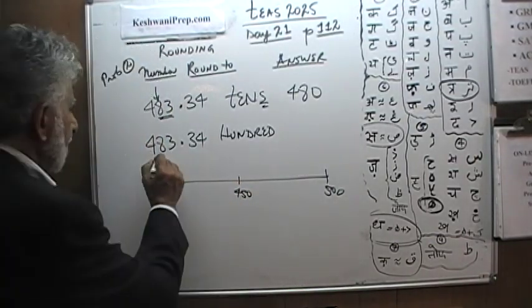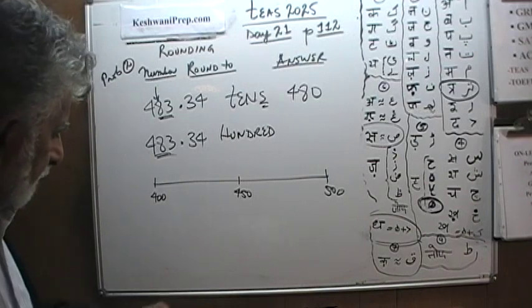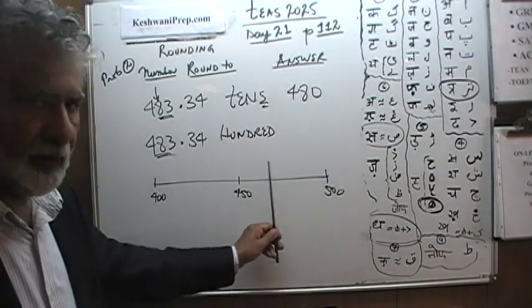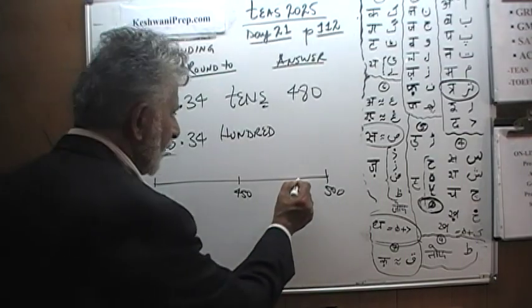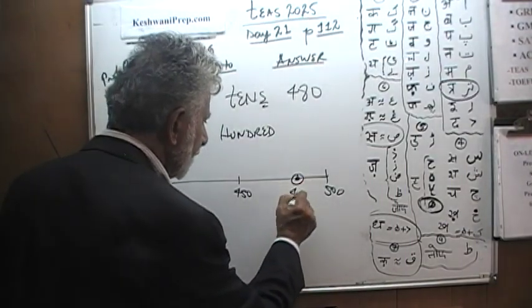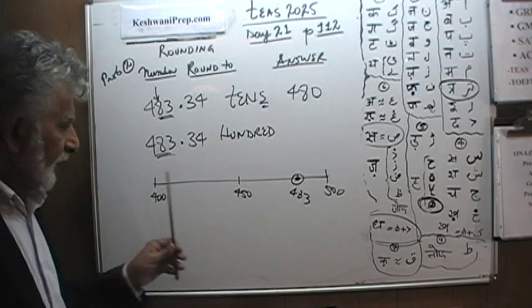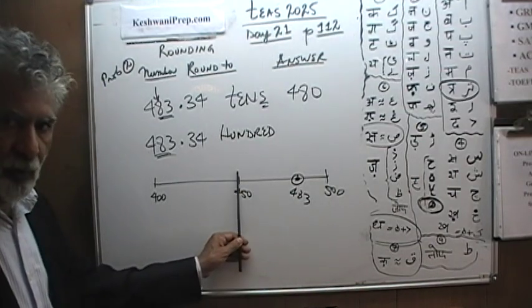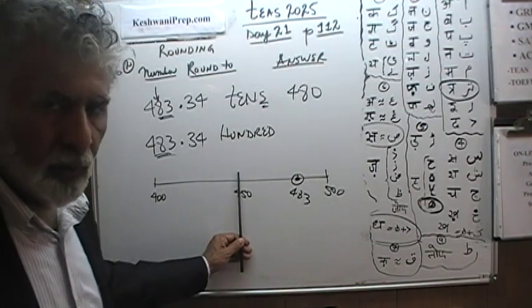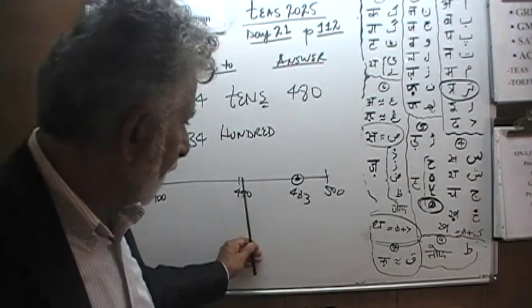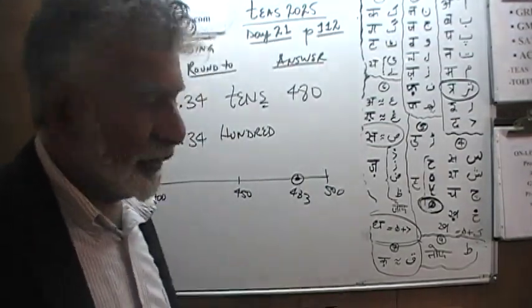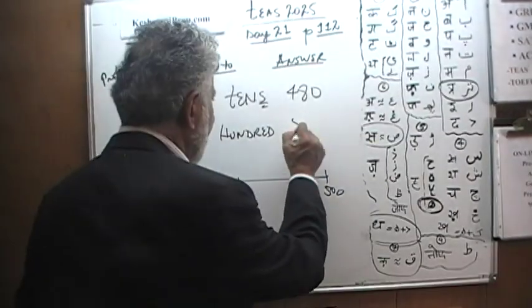Does it fall towards this end or this end? 483 is going to fall very close to 500. Anything that is 450 or more, when rounded to the nearest 100, becomes 500 because it falls closer to 500. So this will become 500.